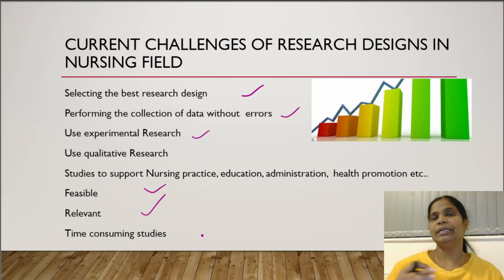They try to depict the statistics in bar graphs and different graphs. Now we are using this in nursing as well, like how the trends are changing as time passes by. So these are the different types of challenges we face in selecting research designs in nursing.